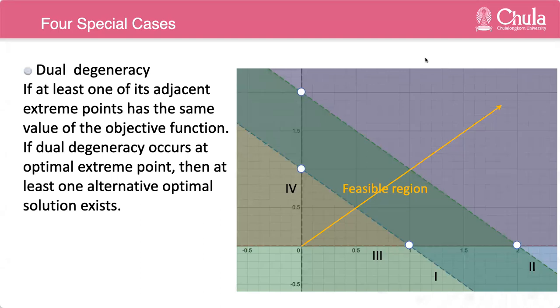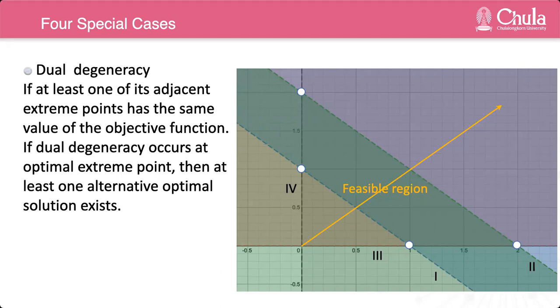So if you determine the maximum point, we move along this way, and the last point is here. What does it mean? This point also has the same objective function value, because it's perpendicular, so this line, constraint number 2, is the isoprofit line, or the contour of the objective function.